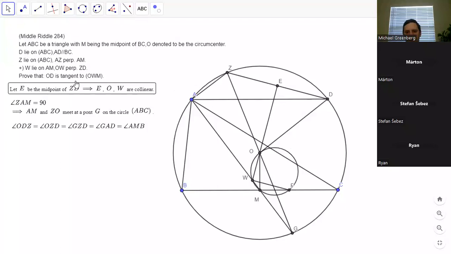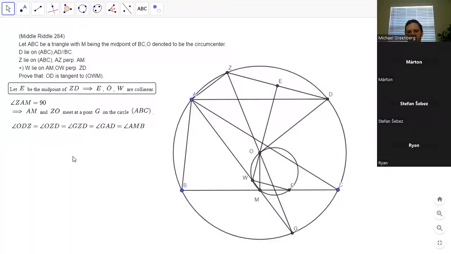Okay, so if we could show EOD equals OMW, that's equivalent to the tangency.